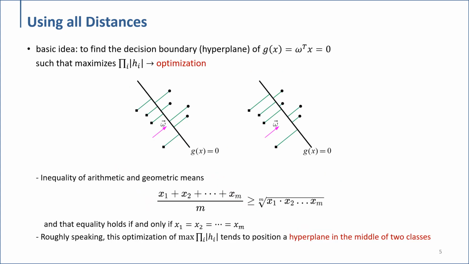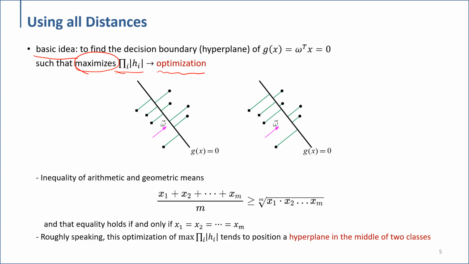So in more general cases, the basic idea for logistic regression is finding the decision boundary that maximizes the multiplication of all the distances of the data points. That could be regarded as optimization, because our objective is finding the maximum value of the multiplication of all the distances.